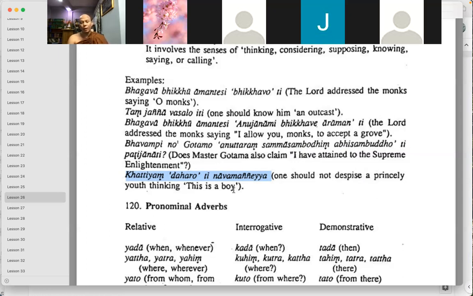Briefly we can note that iti is a quotation mark. Before the iti there is some quotation, a quotation phrase, or maybe a quotation sentence. The statement quoted may be a word, a phrase, or a complete sentence. Okay.